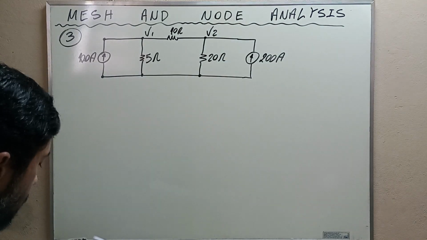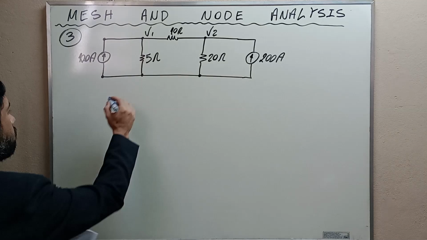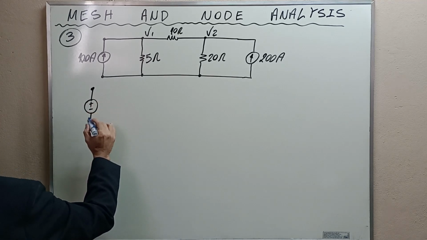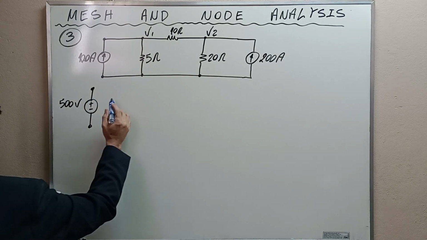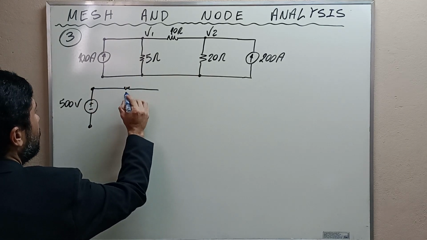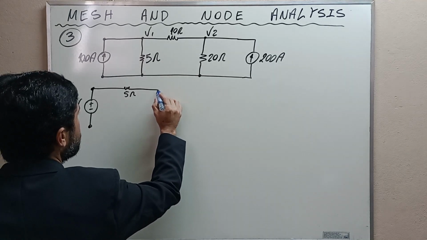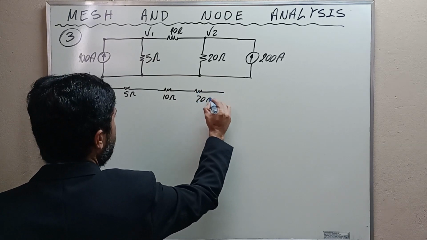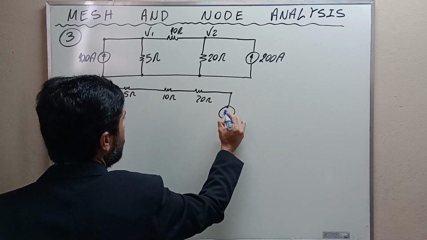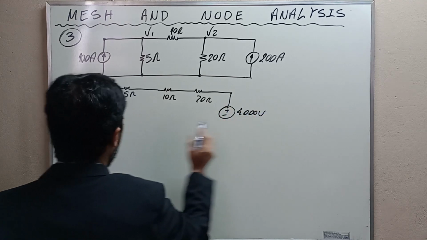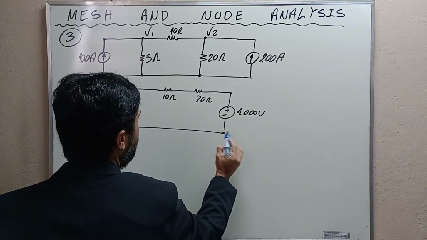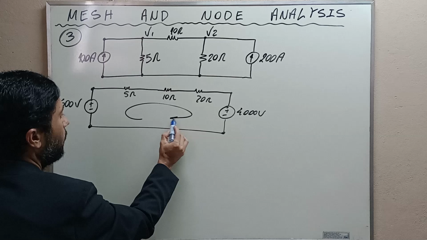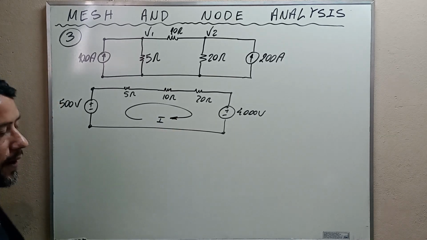And the new circuit will thus be 500 volts, here 5 ohms, here 10 ohms, here 20 ohms, here 4,000 volts, and we are going to use a current here. I'm going to call it I.